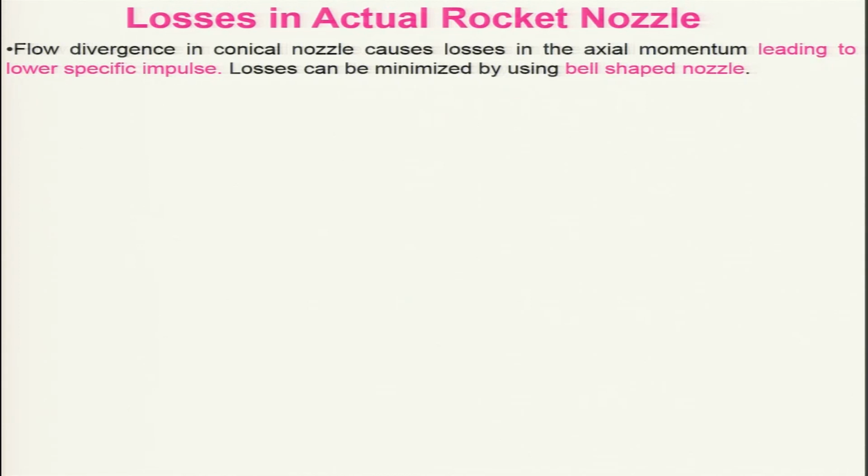To overcome these problems, people have designed another nozzle, known as the bell shaped nozzle or the contour nozzle, to minimize the losses due to flow divergence. A little bit later on, we will derive an expression for the flow divergence correction factor.